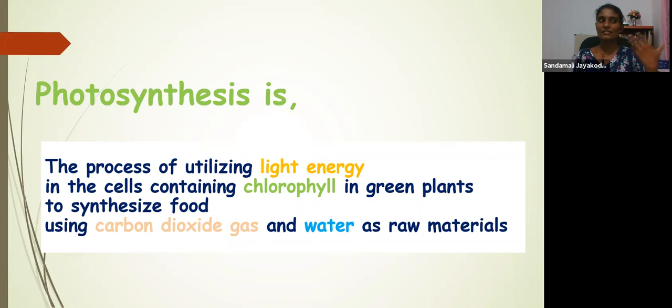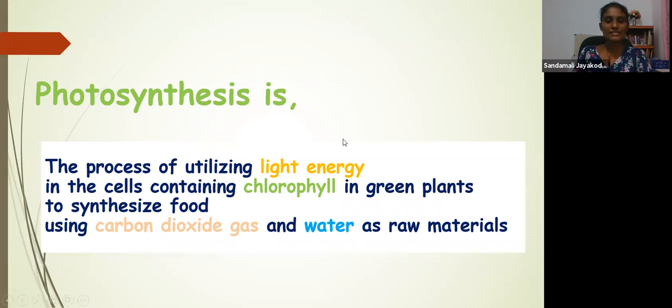If it is a bun, they are using wheat flour, sugar, and water, and different raw material, maybe flavors in that way. So for the process of producing food in plants, they use carbon dioxide gas and water. So machines are the chloroplast, which is containing chlorophyll.